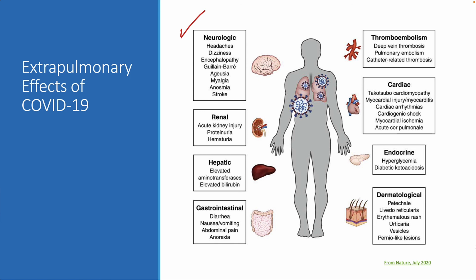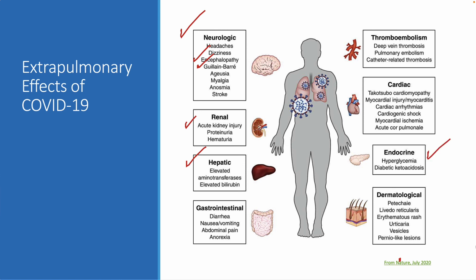So the headache, the encephalopathy, the Guillain-Barré syndrome, the fogginess of thought. We can also see acute kidney injury, both with proteinuria and hematuria. We can see transaminase elevations. I see that regularly in our COVID patients. Diarrhea, nausea, vomiting, abdominal pain, etc.